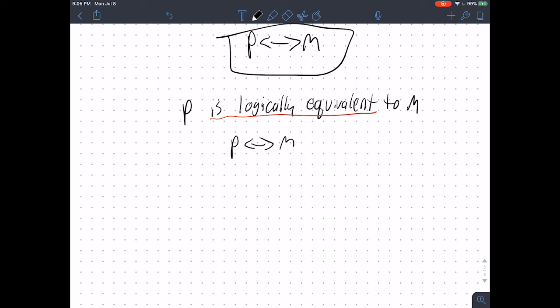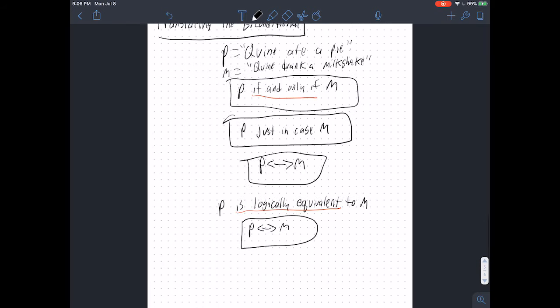Because equivalence is validity of the biconditional. When we say two things are logically equivalent, we're saying the same thing as the first thing's true if and only if the second thing's true. So that's another way of translating the biconditional.